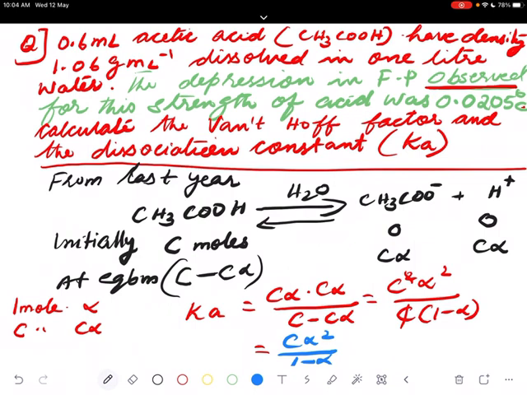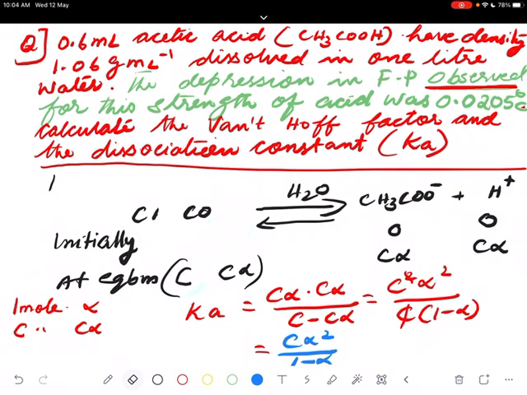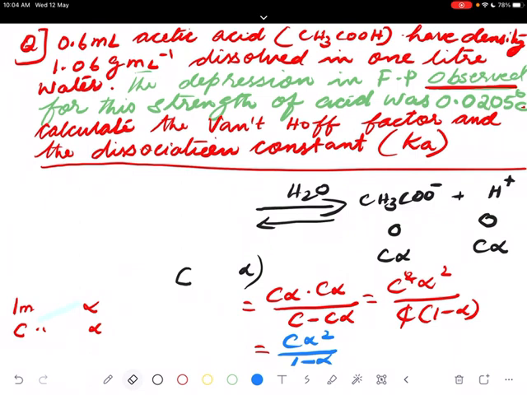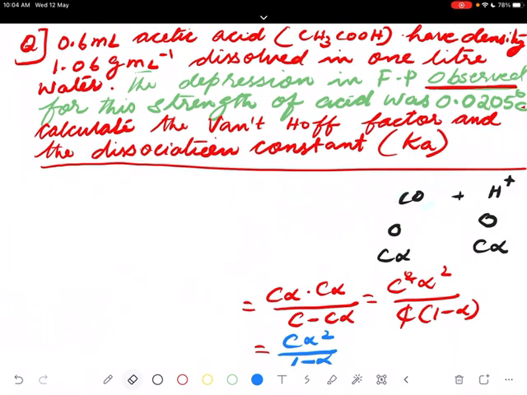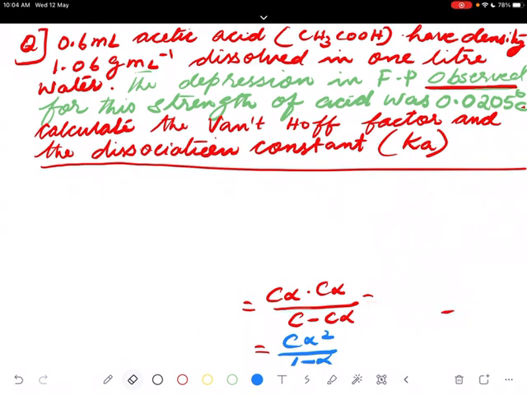So for alpha, let's calculate this i. This much portion is from class 11th.